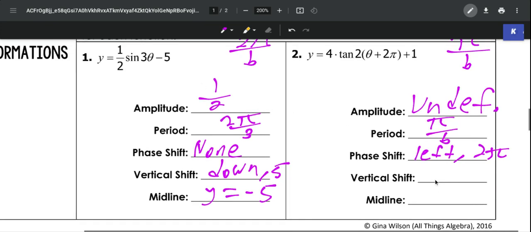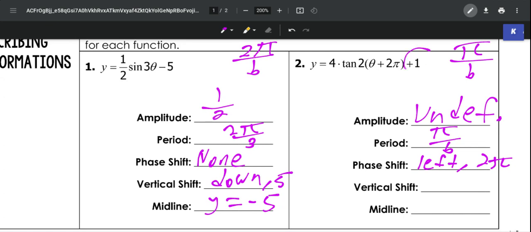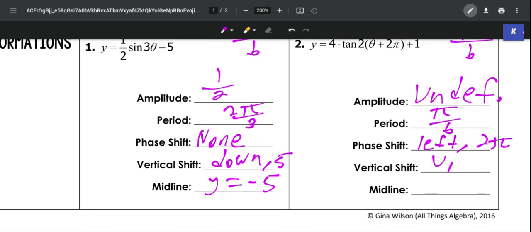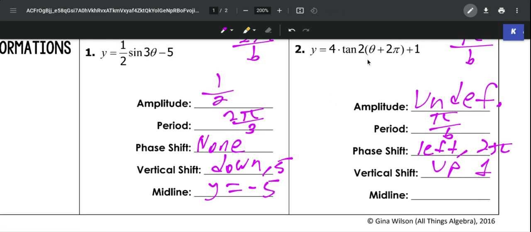And then the vertical shift is just whatever's added or subtracted outside of the parentheses. That's a +1, so we're going up 1. For tangent, the x-axis would be the reference or horizontal axis before we made our vertical shift. After we make our vertical shift, it would be y is equal to +1.